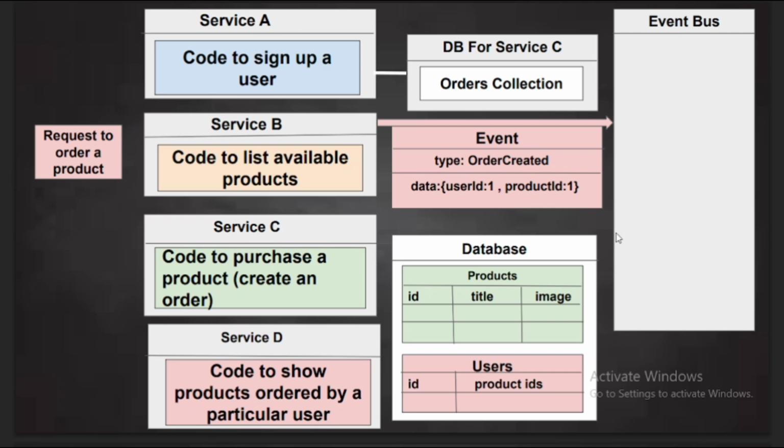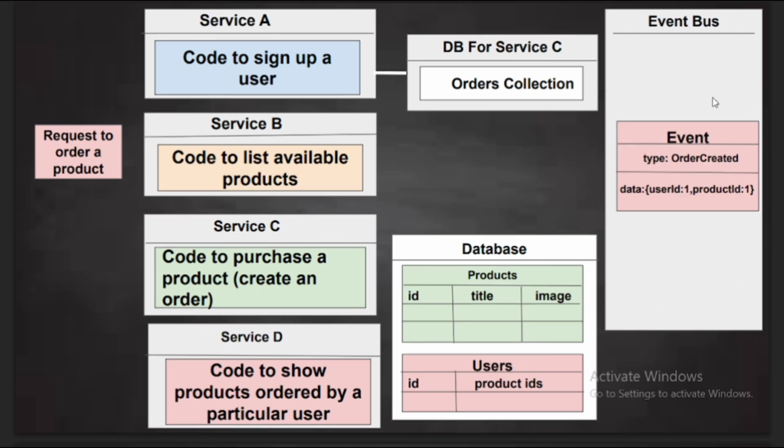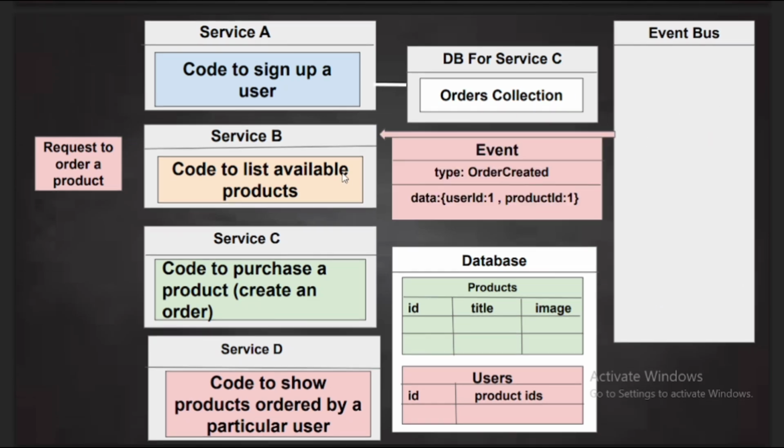That event flows to our event bus and comes into service D. Once again service D would say, okay, an order was created, looks like user of ID 1, product with ID 1. So it would update this product ID in the users table and put 1.